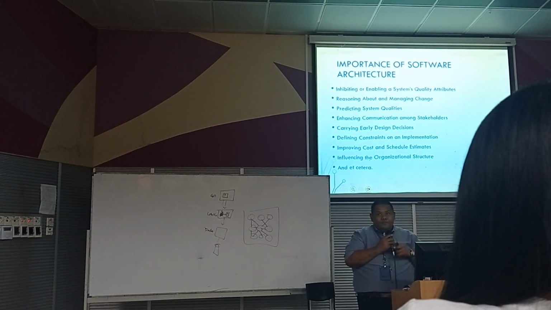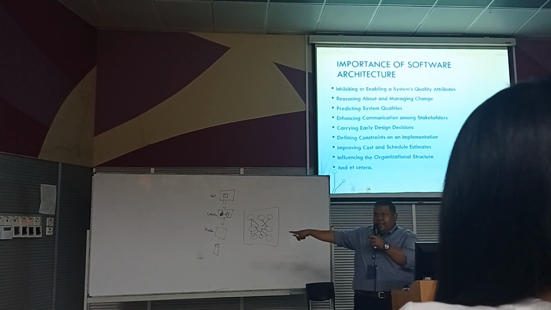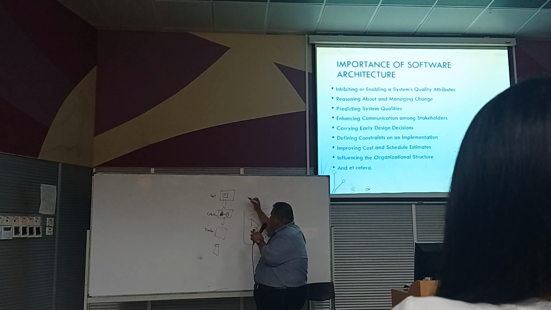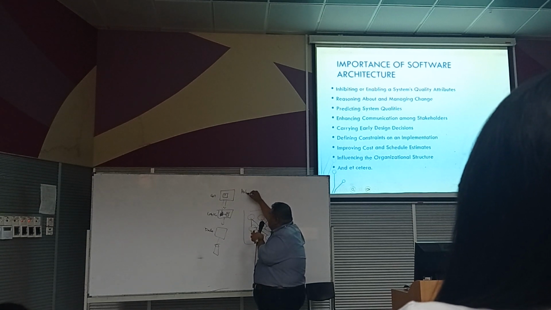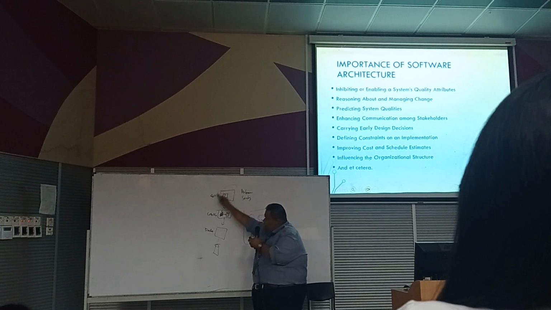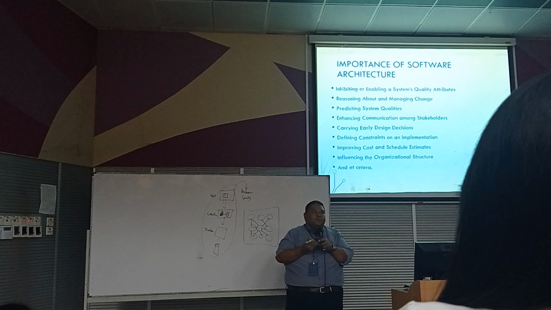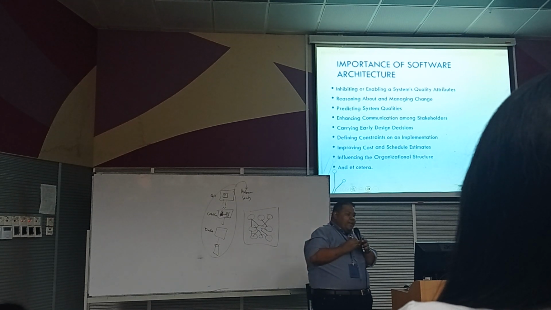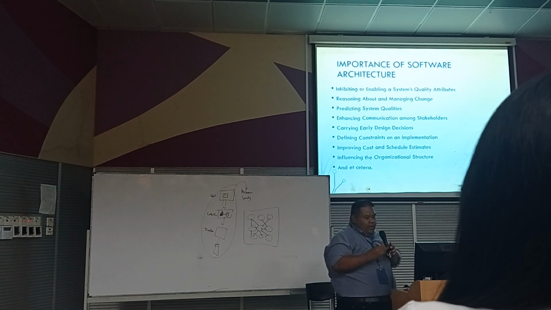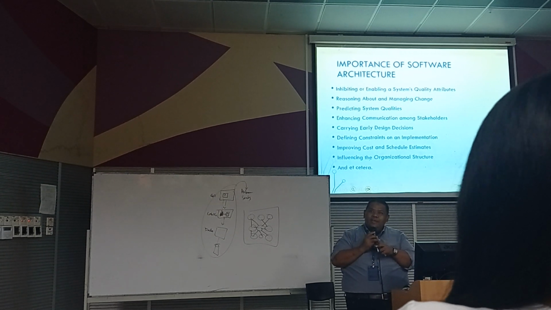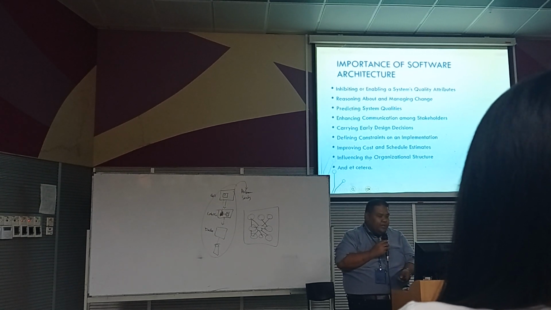So if I choose, for example, this architecture, automatically I can predict that I can achieve performance, and maybe I can achieve security. Why? Because this architecture is specialized for these two quality values. So I can give some kind of guarantee, some kind of prediction, of the level of quality attribute that I'm going to achieve, right? 80%, 90% success or whatnot.